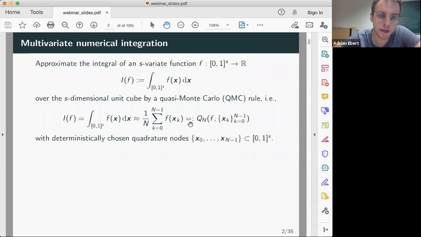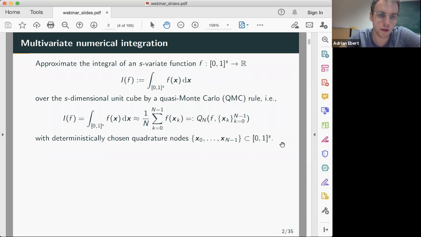Basically, this quasi-Monte Carlo rule is a weighted average, with equal weights here, of function evaluations of our integrand function in the quadrature nodes x_k. What is specific for quasi-Monte Carlo rules is that the nodes, the quadrature nodes, are chosen deterministically, in contrast to Monte Carlo methods where the points are usually chosen uniformly at random.